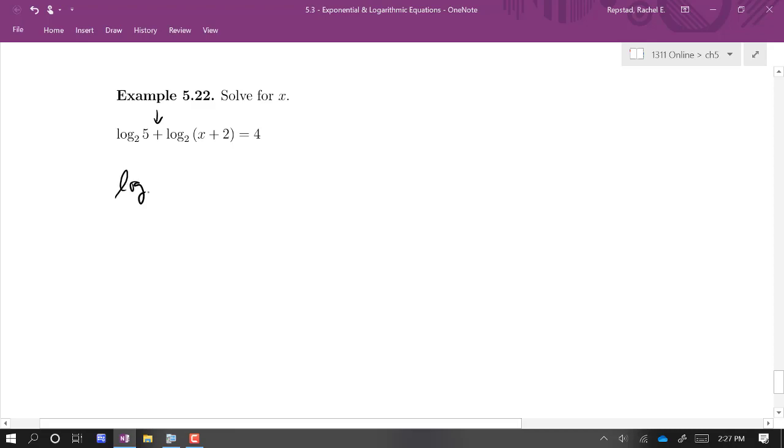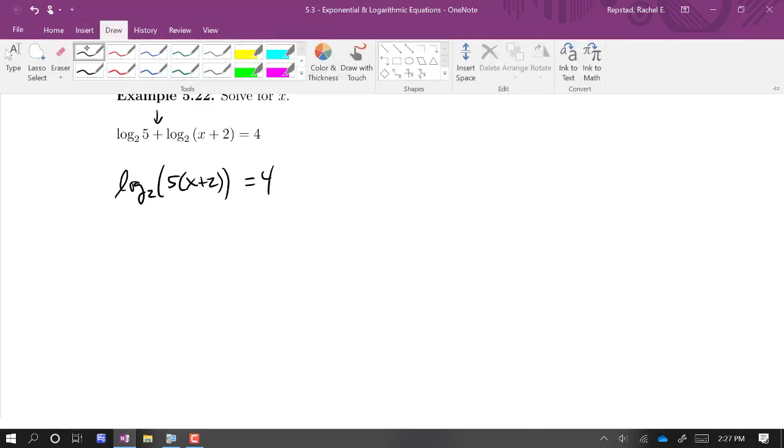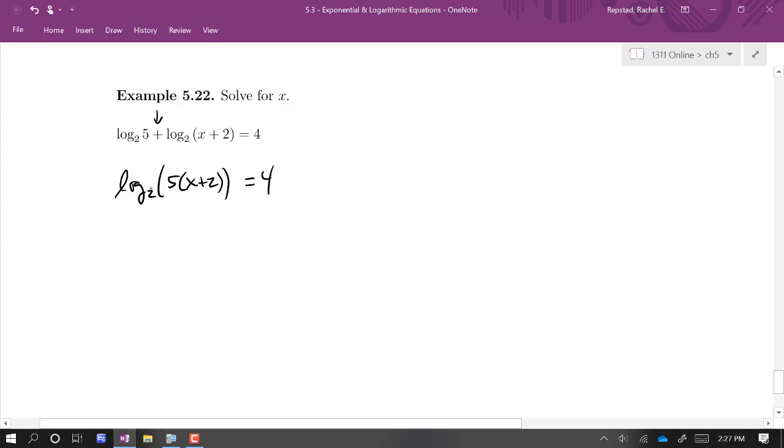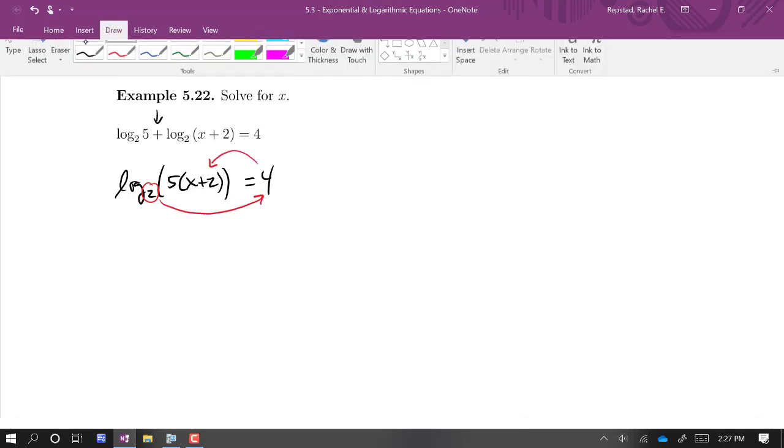Log base 2 of 5 times (x plus 2) equals 4. Now, I know that log base 2 of this stuff is equal to 4, so I'm going to use the definition of the log. I'm going to rewrite it as an exponential equation. I know that 2 raised to the 4th power gives me the stuff inside.